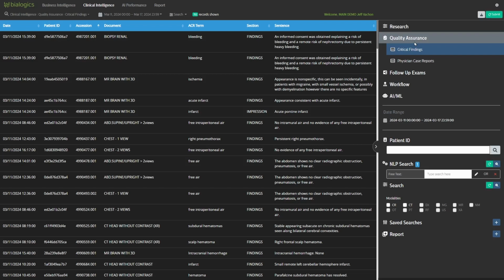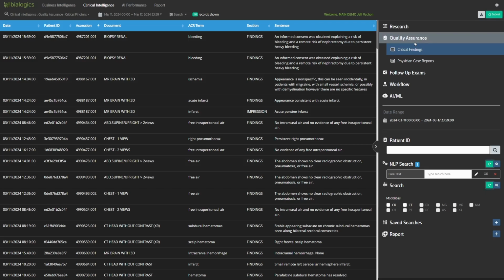So not only are we looking for the reports that have been identified as a critical finding and reported appropriately to the attending physician, but we're also providing the assurance by doing a secondary check to say, have any of our reports that we've completed had a term used by ACR to identify critical findings that we missed?